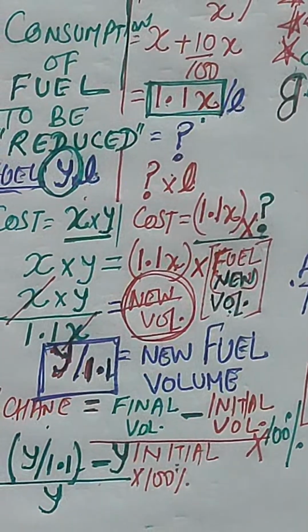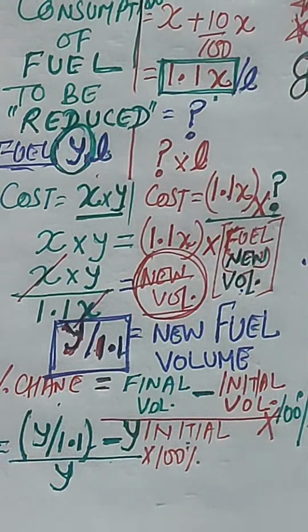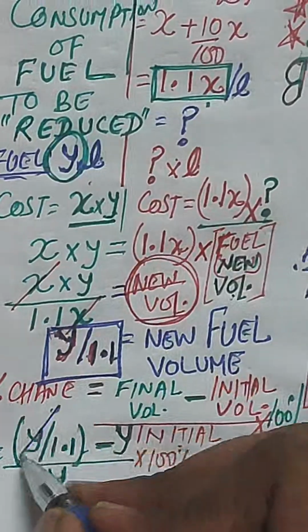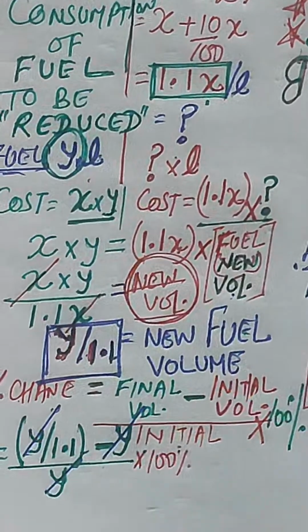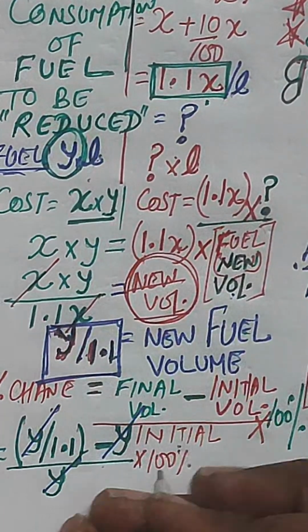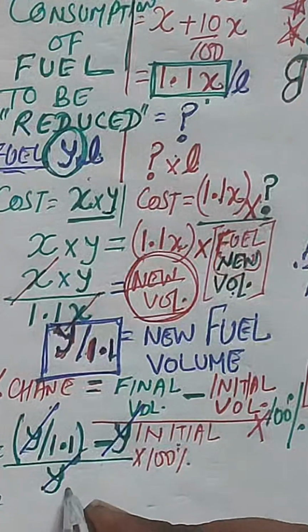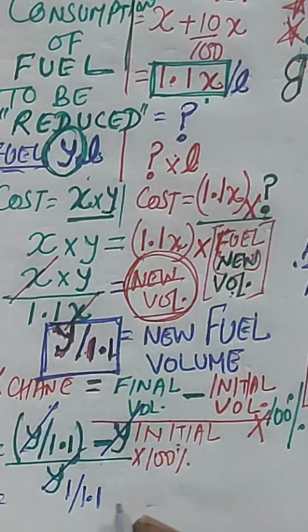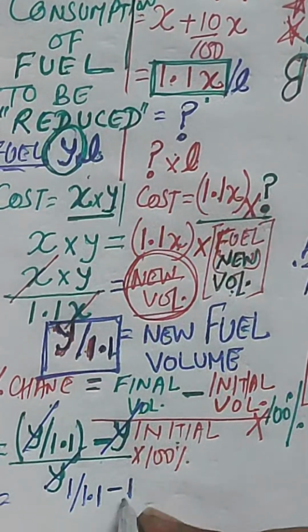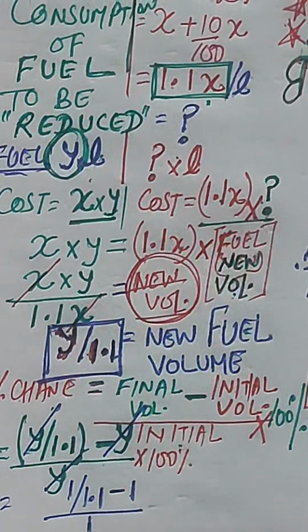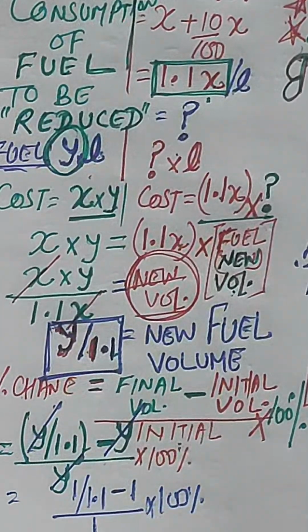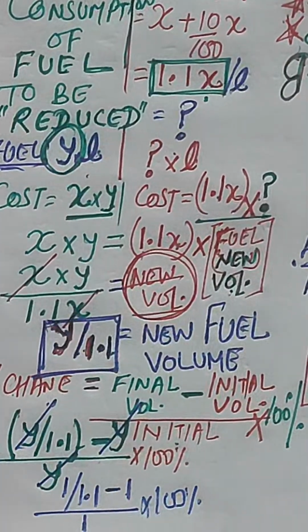So this will give you, we can see first of all y and y cancel out, and we are left with 1 by 1.1 minus 1 divided by 1, into 100%.